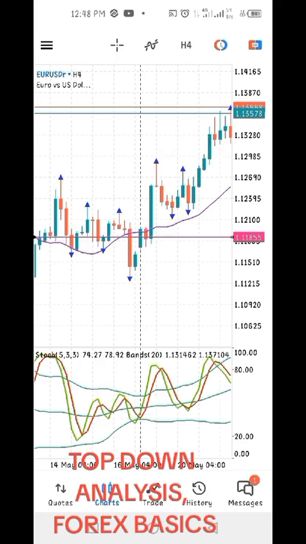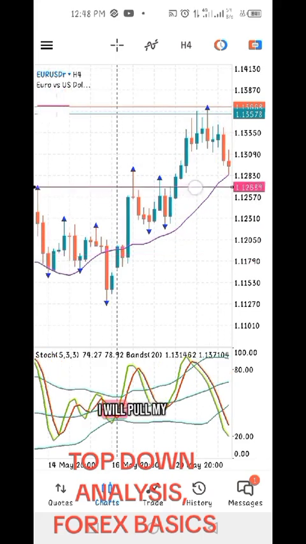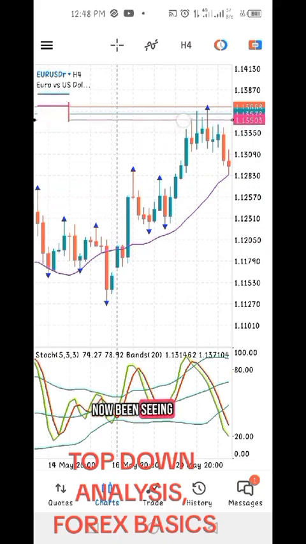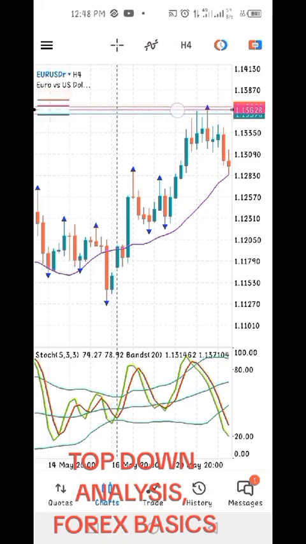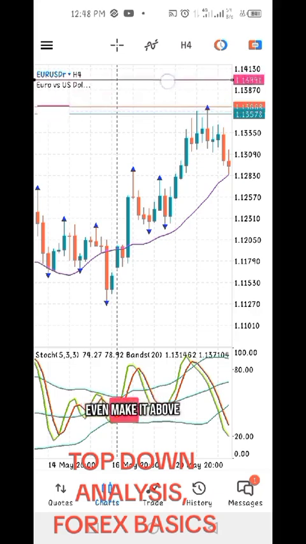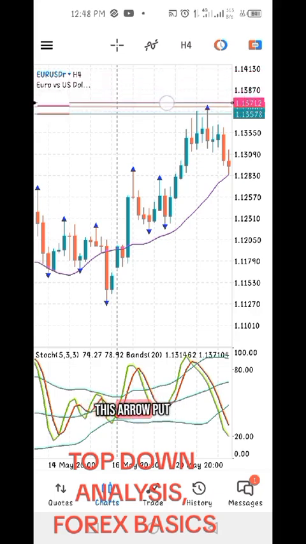Now, what I'm going to do is that I'll pull my line. I've been seeing multiple week rejection. Just look at it like this. Can you see where I'm putting it? Or you can even make it above the arrow. Put your horizontal line above the arrow. That's the way we want to do it.